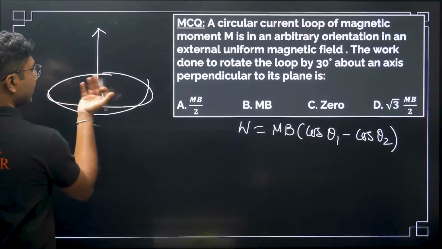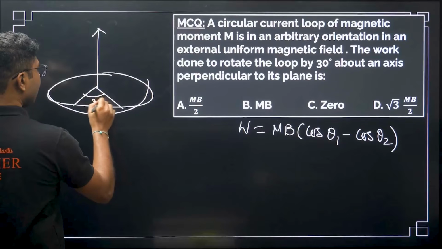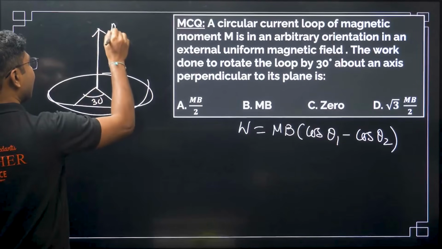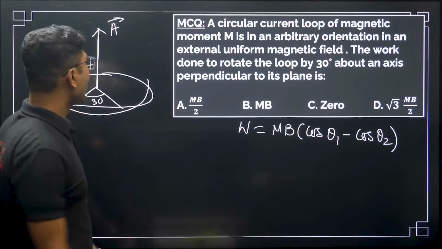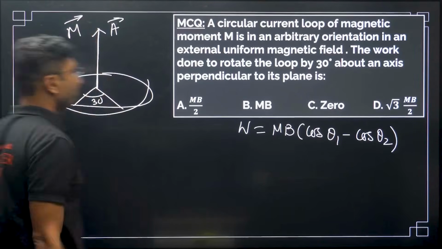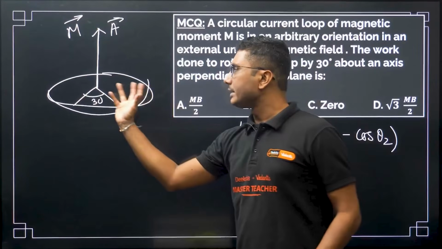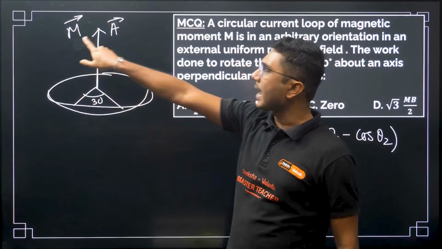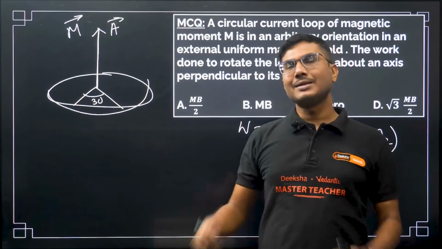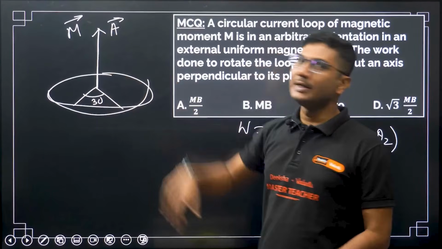If you rotate this loop perpendicular to its plane by 30 degrees, this is the area vector A, and this is also the direction of the magnetic moment vector m, which is I into A. So even if you rotate this loop, the direction of m and A will remain the same.